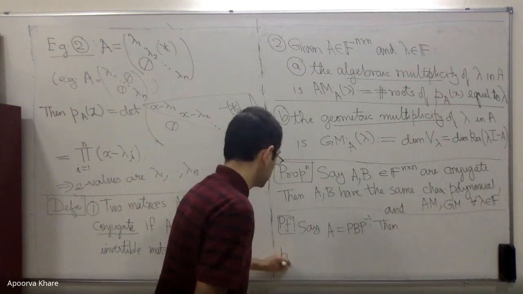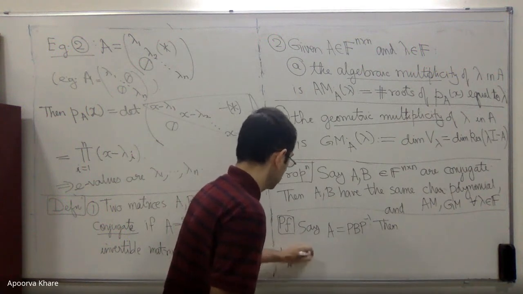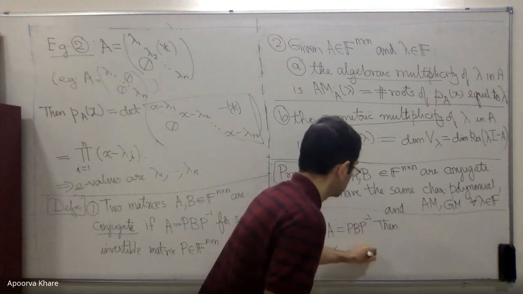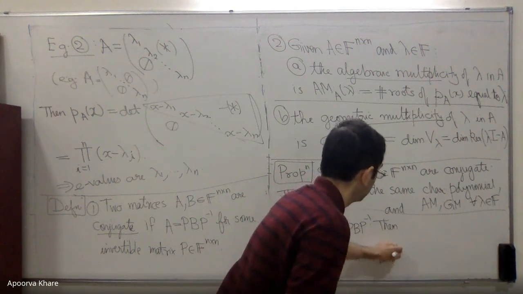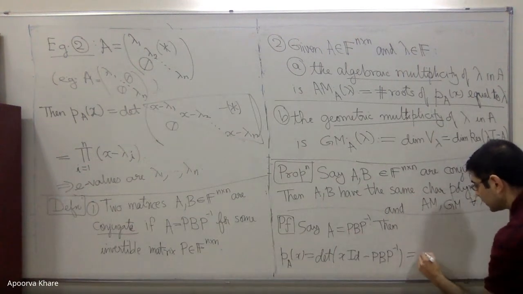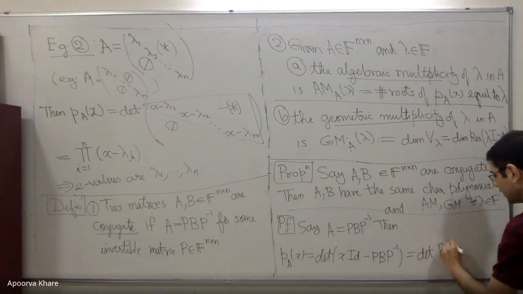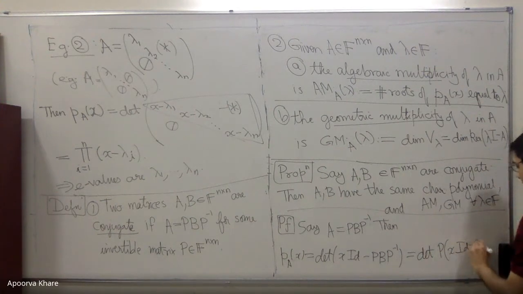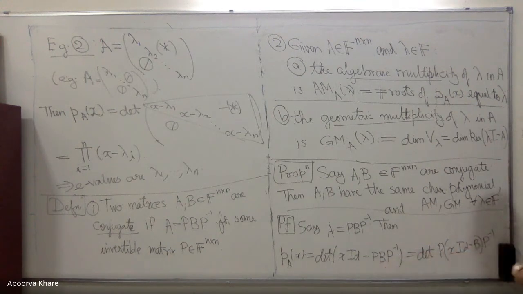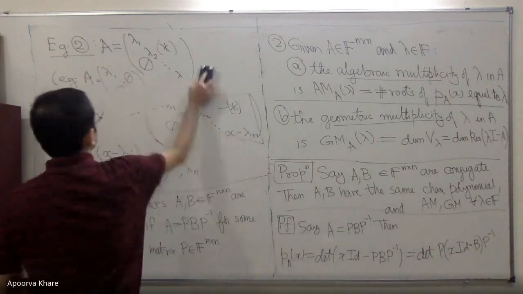So P_A of X equals determinant of X identity minus PBP inverse, because A is PBP inverse, and then this is literally just determinant of P times X identity minus B times P inverse. That is because P times identity times P inverse is identity, and P times B times P inverse is this. And now the determinant is multiplicative, so it will multiply.